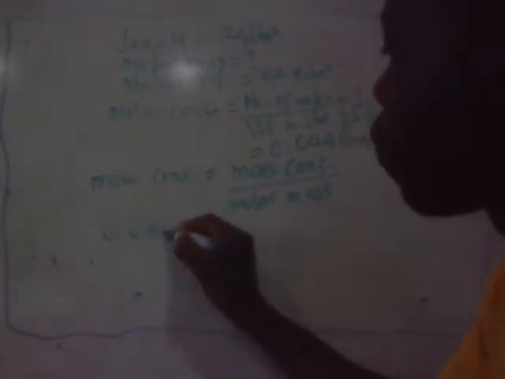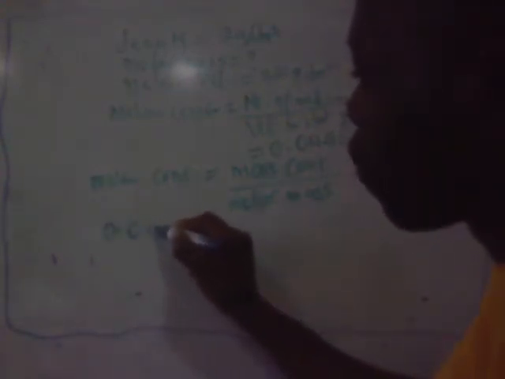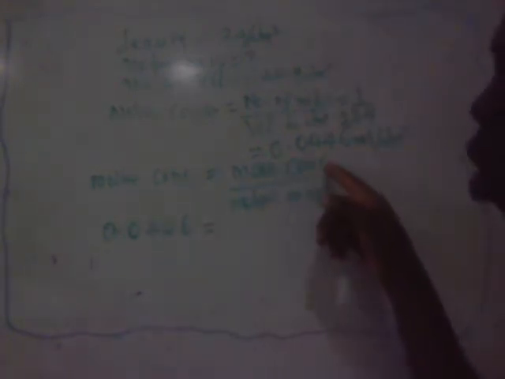So we have gotten our molar conc as 0.0446. Let's substitute: 0.0446 equals mass conc over molar mass. I told you that the unit of mass conc is gram per dm cube.